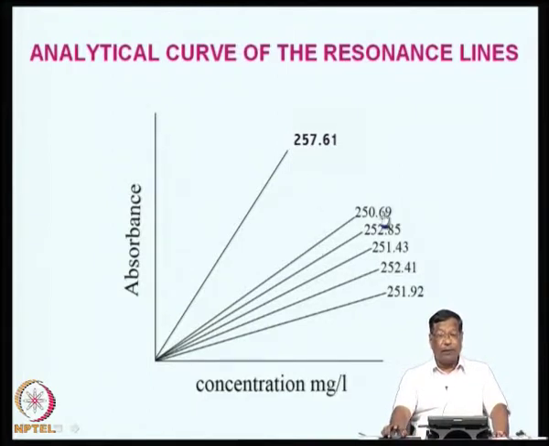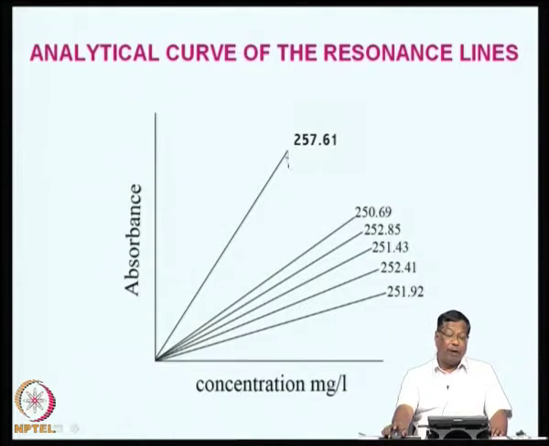Similarly, at 250.69 this one and 252.85 is the next one, like that you will get slightly reduced absorbances, but the beauty is you can choose any of these wavelengths to determine the calibration curve.